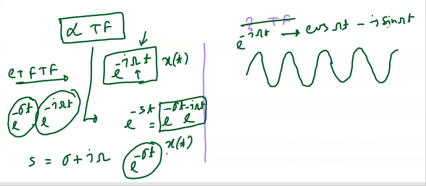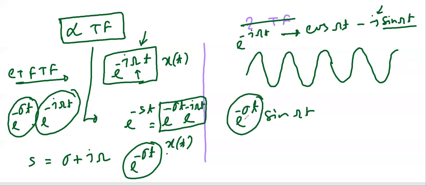If I take the sine part here, this is a pure sinusoidal sine signal where the magnitude is 1. Now, if you multiply it with another value, e to the power minus sigma t multiplied with sine omega t, what does it mean? Here we have a multiplying factor.